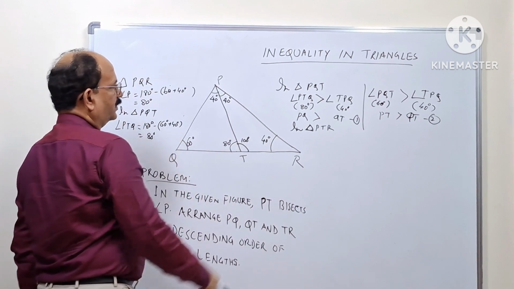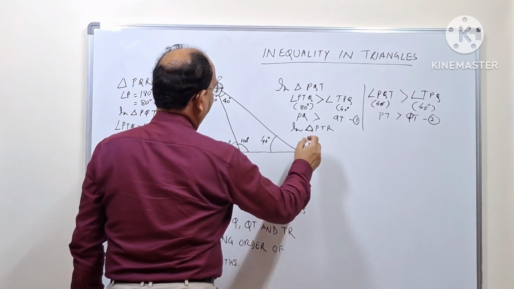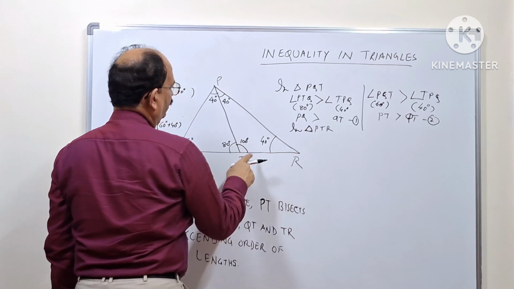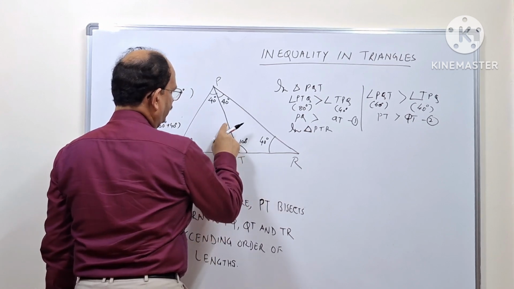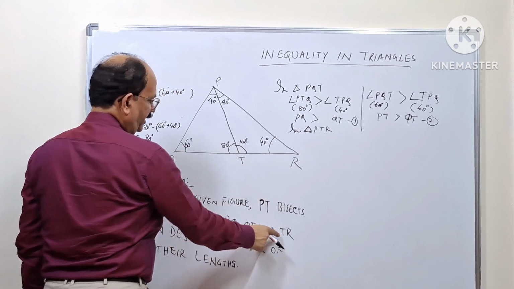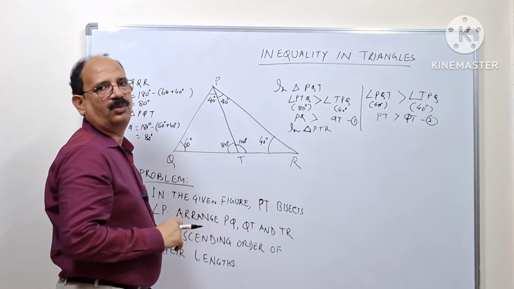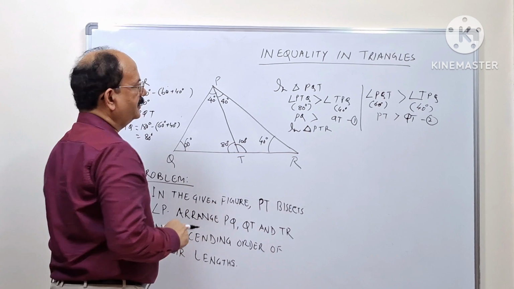Now in triangle PTR, we need to consider this side and this side, because we have to prove TR, QT and PQ in descending order, right?